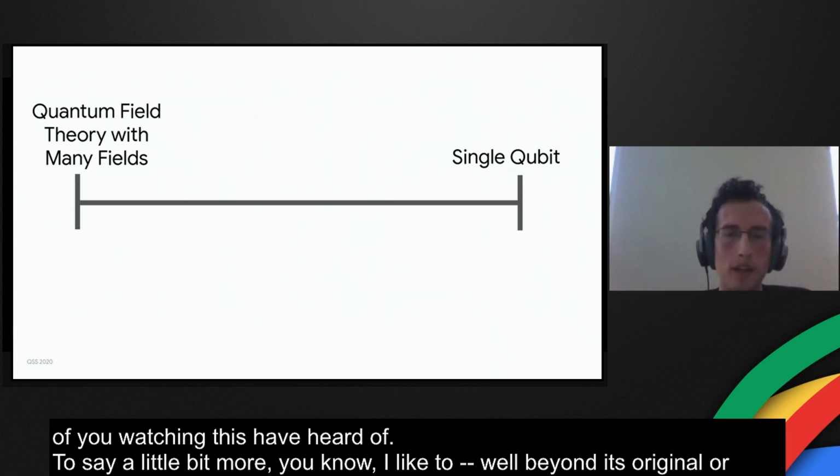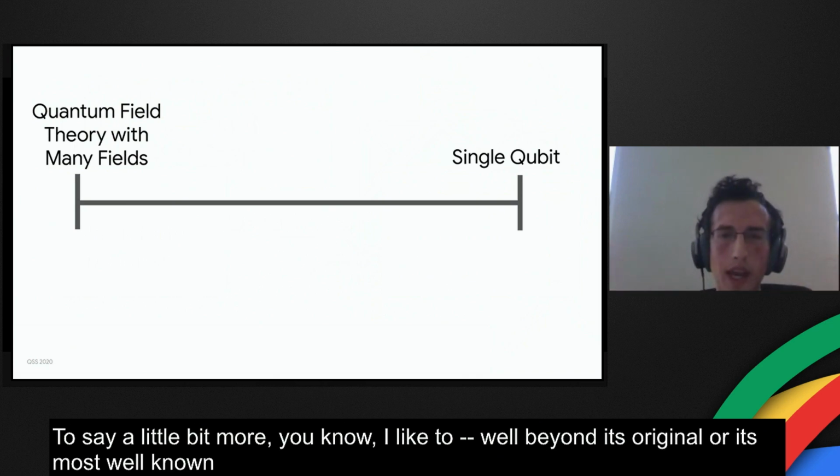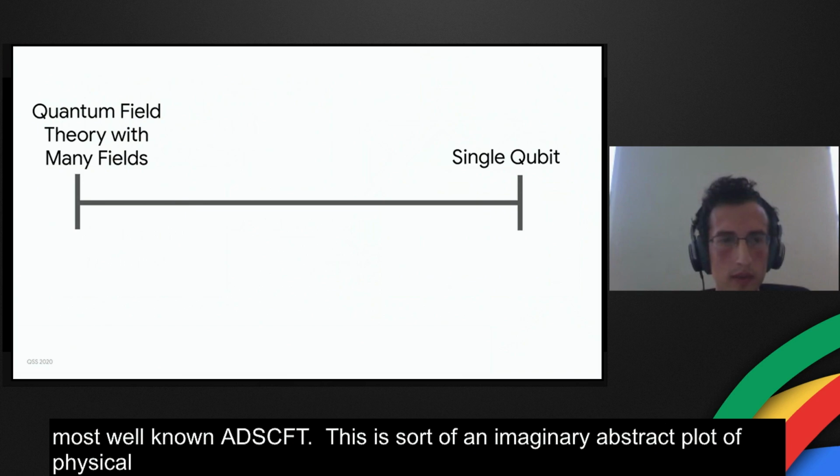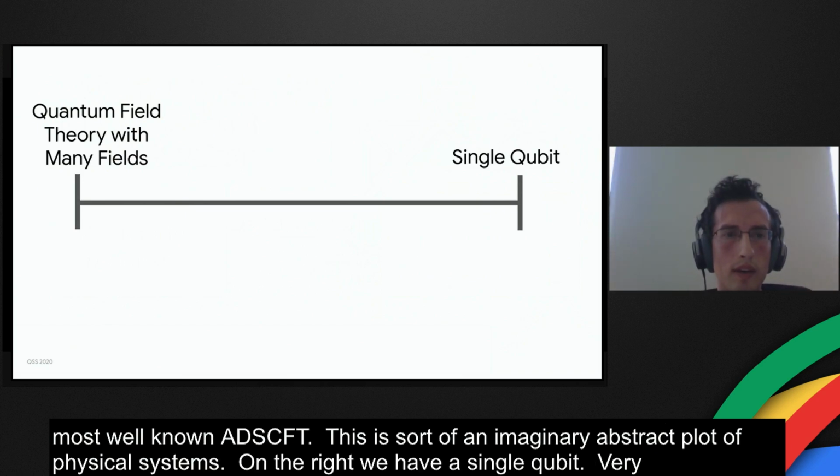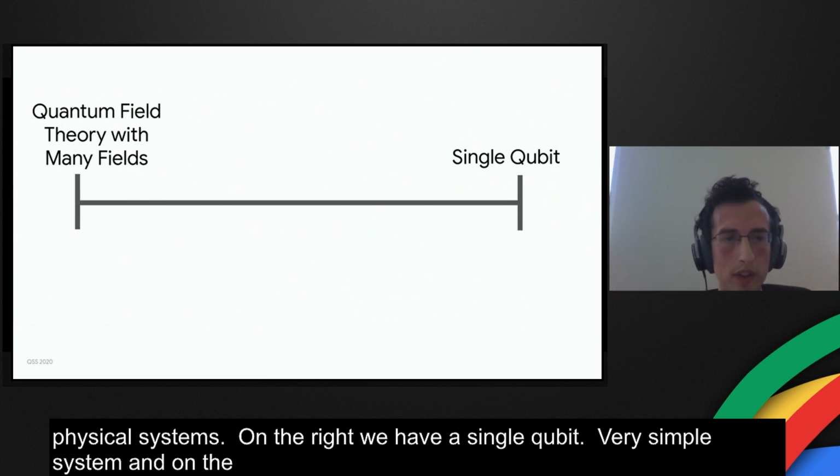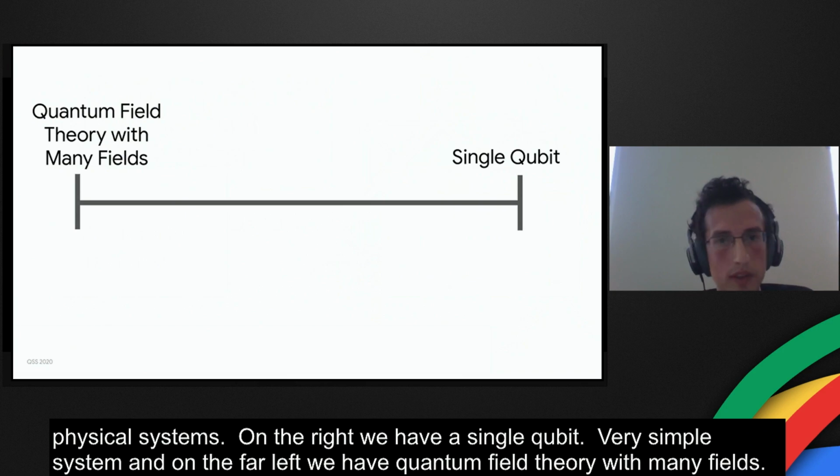This is an imaginary, abstract plot of all kinds of physical systems. On the right we have a single qubit, a very simple system, and on the far left we have quantum field theory with many fields, a very complicated system, something that theorists like to play with.